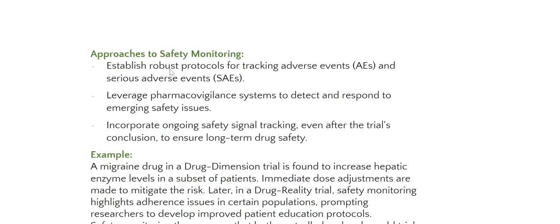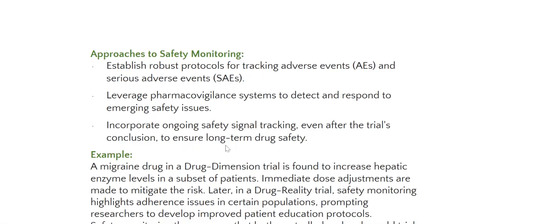Approaches to safety monitoring: establish robust protocols for tracking adverse events, AEs, and serious adverse events, SAEs, leverage pharmacovigilance, PV, systems to detect and respond to emerging safety issues, incorporate ongoing safety signal tracking even after the trial's conclusion to ensure long-term drug safety.